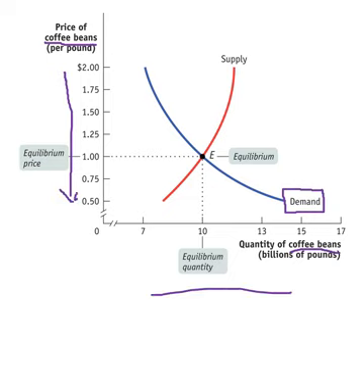That's what we think should happen with demand. So here we have at $2, how many billions of pounds of coffee beans are demanded? You look at $2, you follow it down, 7 billion pounds are demanded. That's kind of how that works.